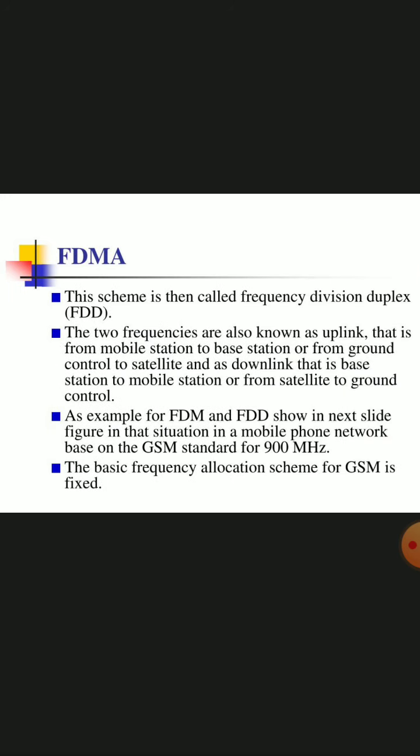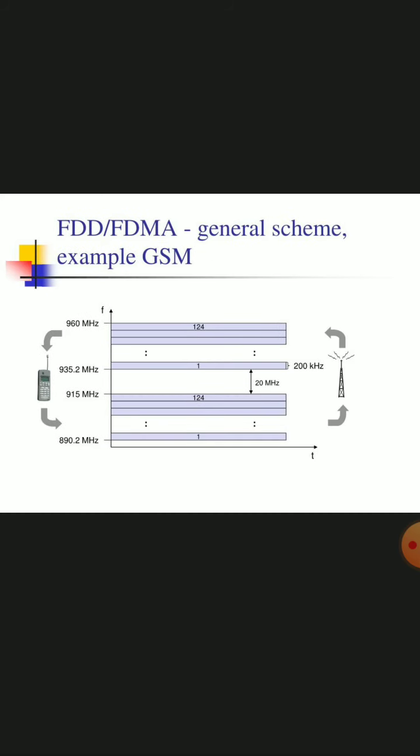What does the figure indicate? FDMA and FDD in a mobile phone network, the fixed mobile phone network in the GSM standard at 900 megahertz. The basic frequency allocation for GSM is fixed at 900 megahertz.